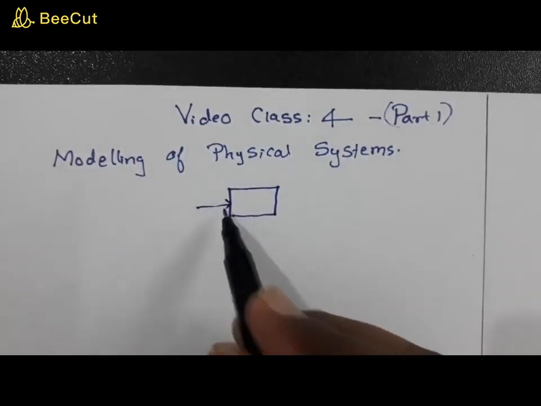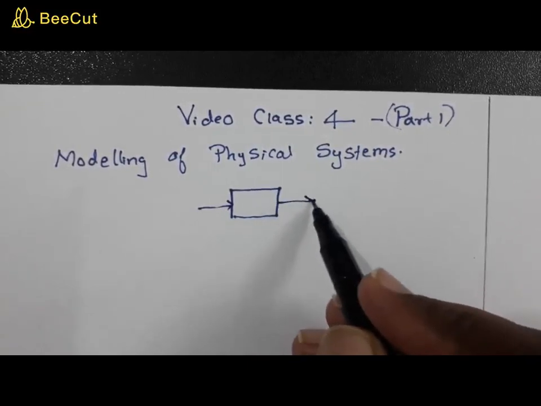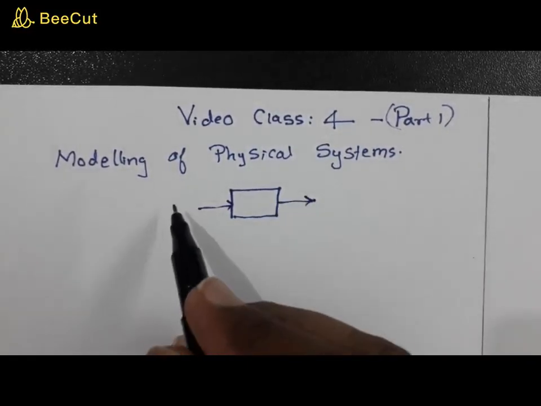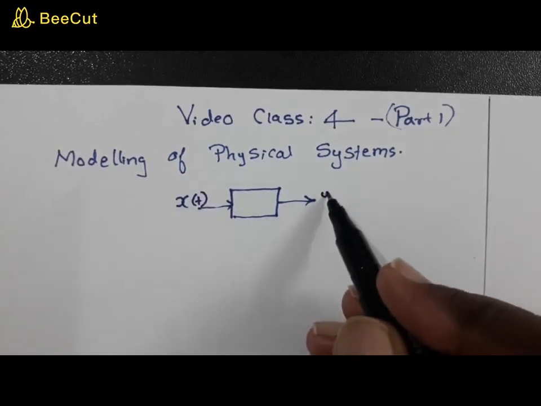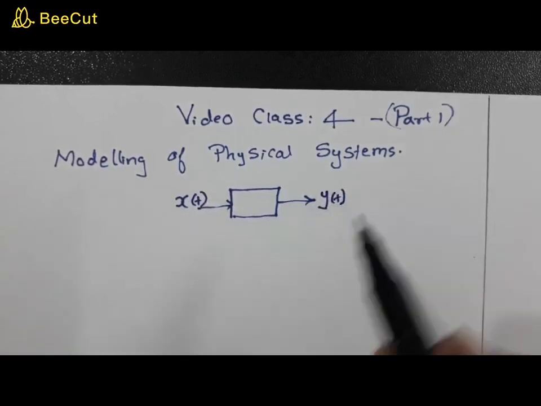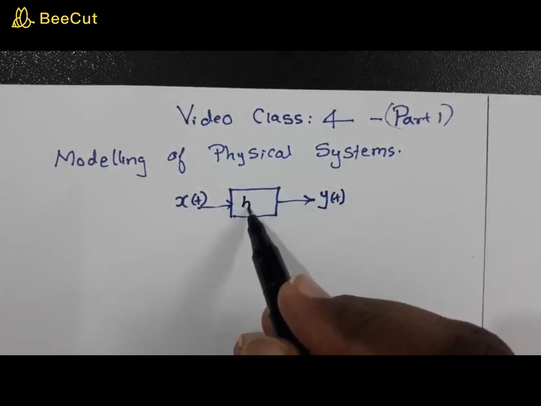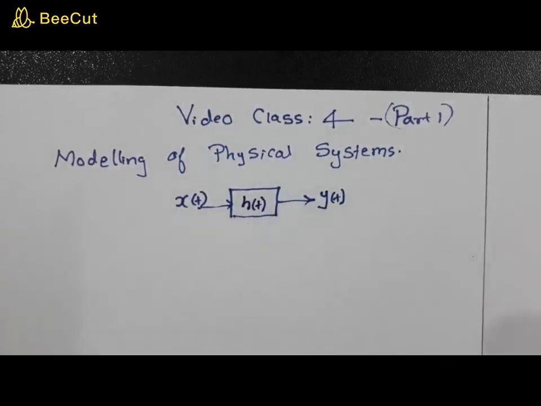Say, you can represent a system by a simple block diagram like this. Say that system has an input, it has an output y of t, and its impulse response is represented as h of t.